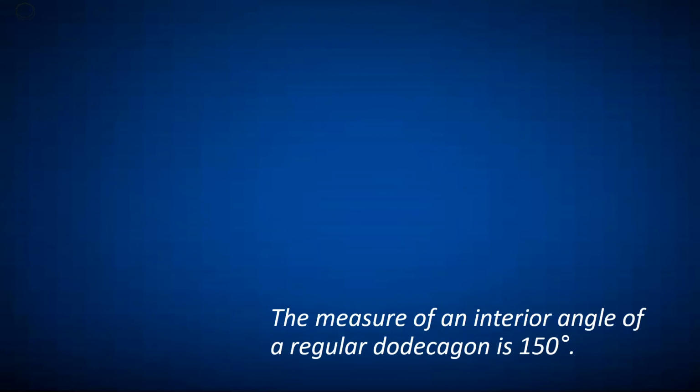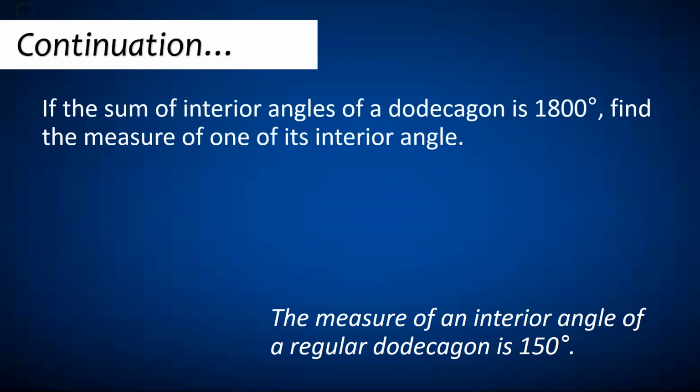But kung tinatanong na if the sum of interior angles of dodecagon nga daw is 1,800, find the measure of one of its interior angle. So alam na natin halimbawa na 1,800 yung measure nung sum ng angles ng dodecagon. Ang tinatanong, ano daw kayang sukat nung isa sa mga interior angles niya? Walang binanggit na kahit anong sukat.